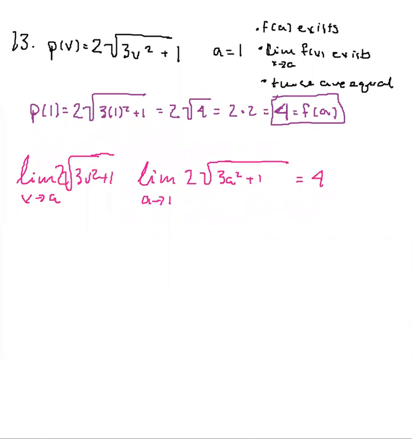All right. Let's also do problem 15. So here we have the function f of x is equal to x plus the square root of x minus 4 on the interval 4 to infinity.